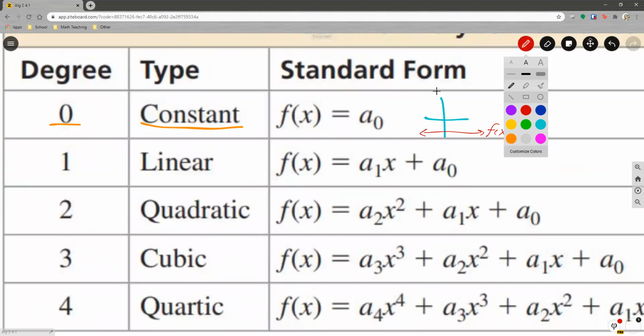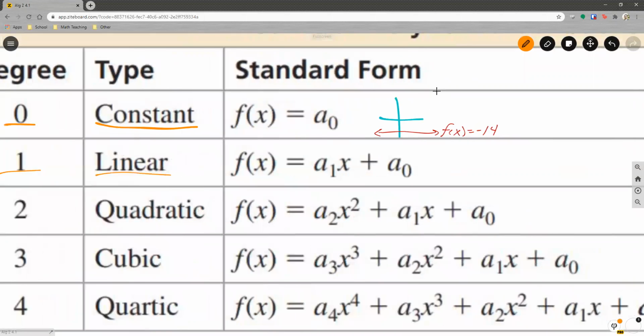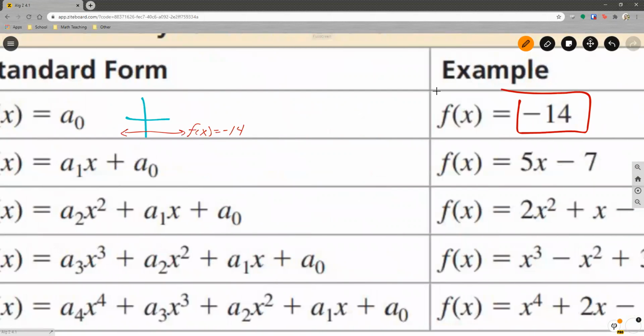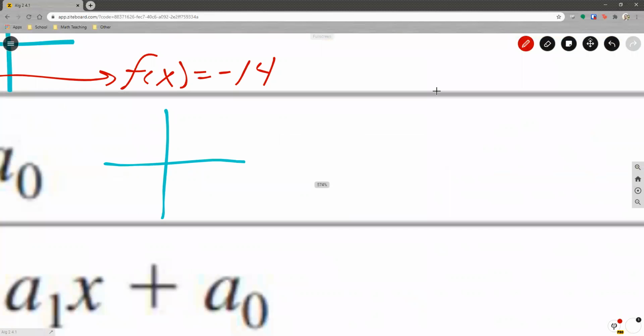Next up, we've got a first-degree polynomial, which are linear functions. We've dealt with linear functions since middle school math and Algebra 1. And if I was to draw a little graph of that, we've got this function over here, 5x minus 7, that's in slope-intercept form. With that basic information, I can graph this very quickly.